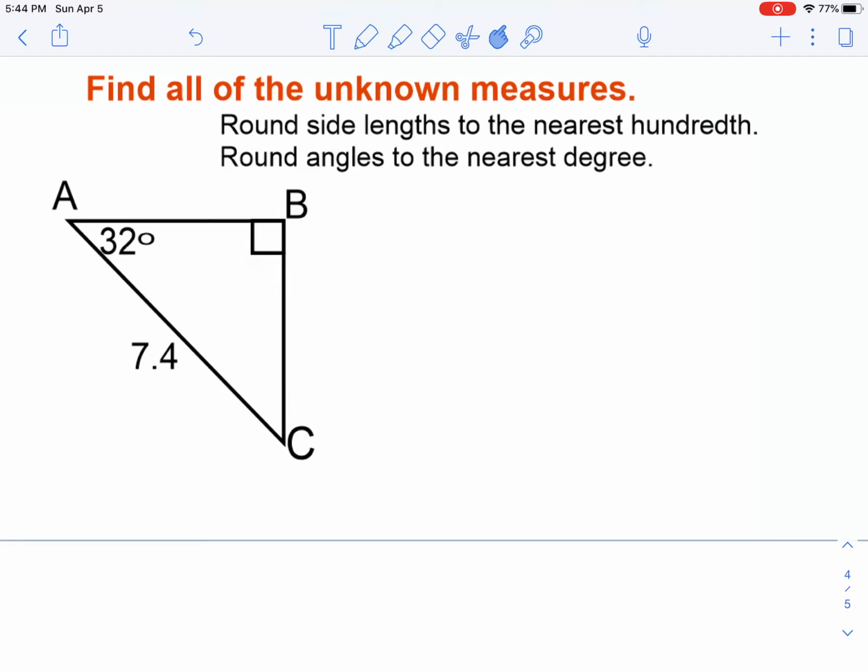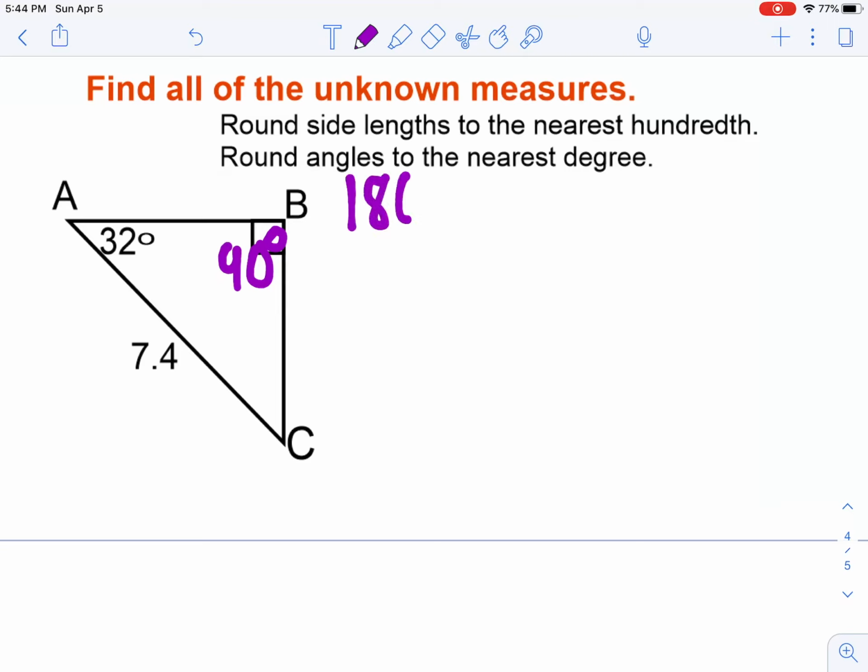So we need to find all of the unknown measures. We'll round the side lengths to the nearest hundredth and the angles to the nearest degree. In this example, we are given two of the angles already because we have our acute angle A, which is 32 degrees, and we know that angle B is a right angle, which is 90 degrees.